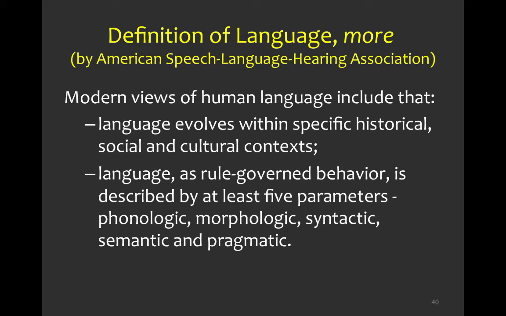Modern views of human language include that language evolves within specific historical, social, and cultural contexts. Language as rule-governed behavior is described by at least 5 parameters: phonologic, morphologic, syntactic, semantic, and pragmatic.